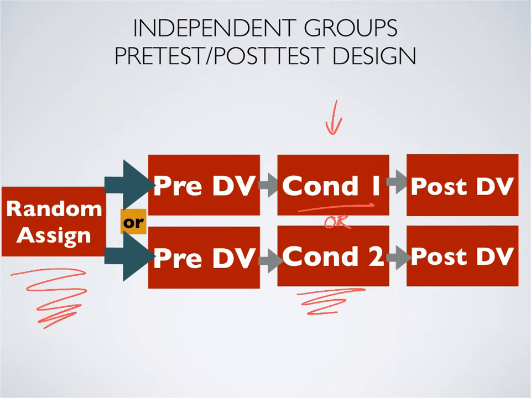The difference is that you're taking a measurement of your DV beforehand and after the fact. So in other words, you're getting a baseline, right? To see how anxious are they beforehand, what are their grades usually, how much sleep do they normally get, depending on what your DV is.